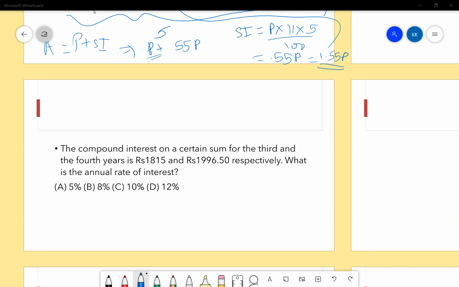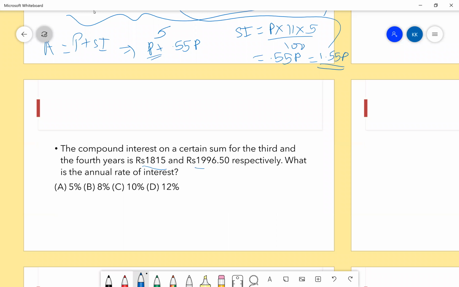I have a doubt. In this question, it is given for the third and fourth years, which are consecutive years. Suppose in the question it is given for the third and fifth year, you have to use the same concept. Then would the rate of interest still be the same or different? Are you asking if this was for the third year and this was for the fifth year?